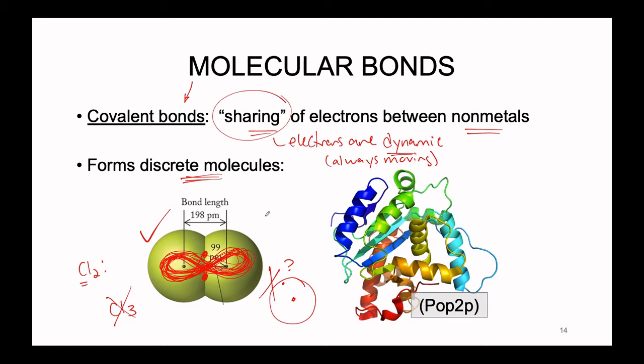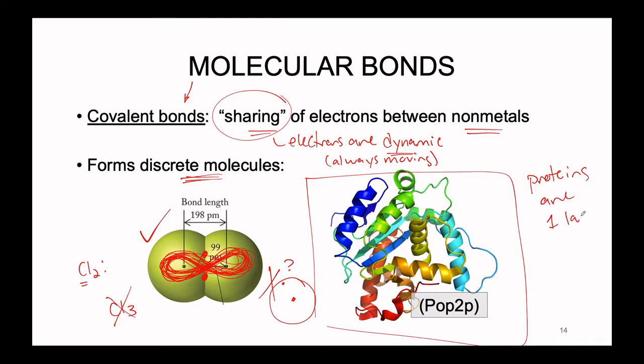Because molecules are discrete, we can add any number of atoms so long as we're still partnering up unpaired electrons together, but regardless of how big the molecule gets, it's still going to be just one big molecule. This goes all the way up to molecules as large as proteins. One large molecule. There we go. I was trying to spell the word molecule. Proteins are one large molecule.